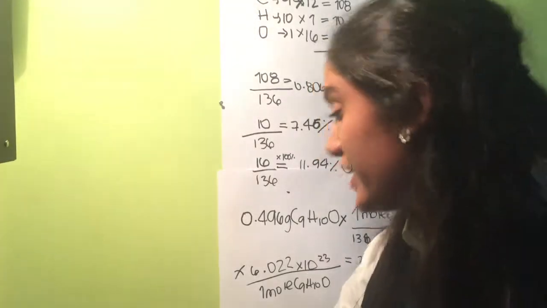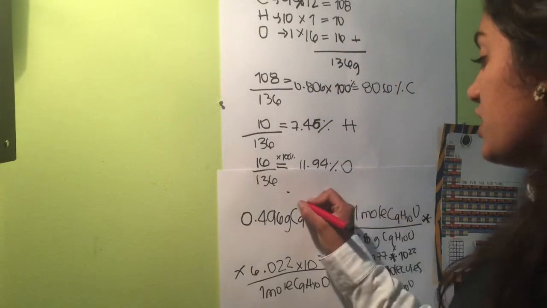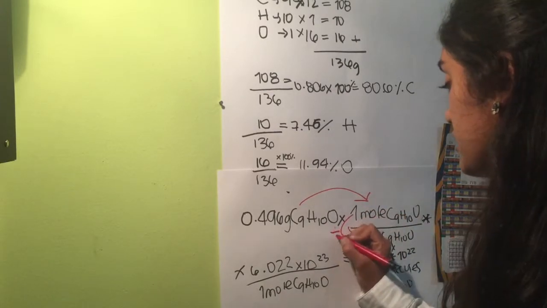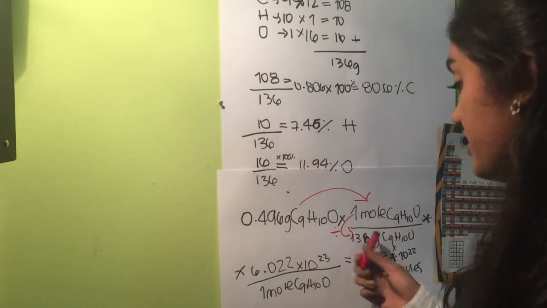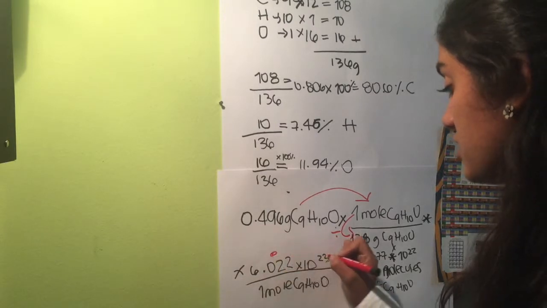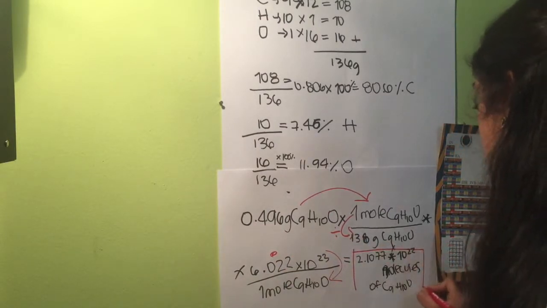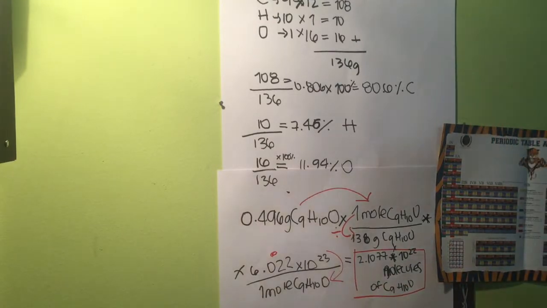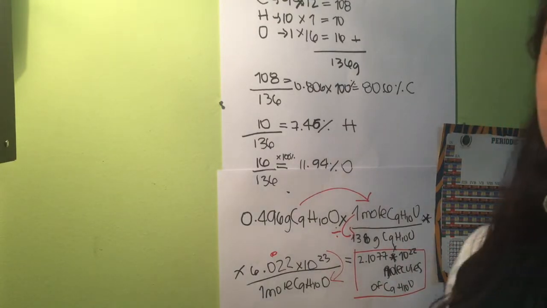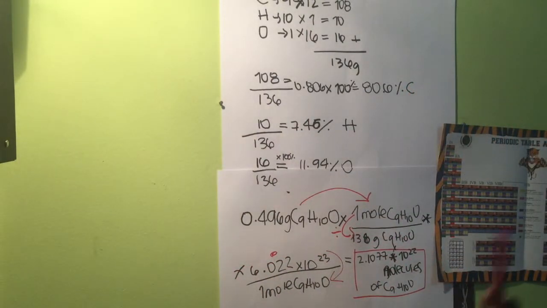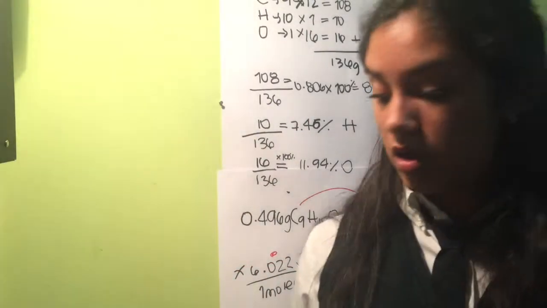So what I did here is these times these divided by these, times these divided by these, and the answer was 2.1077 times 10 to the 22 molecules of C9H10O.